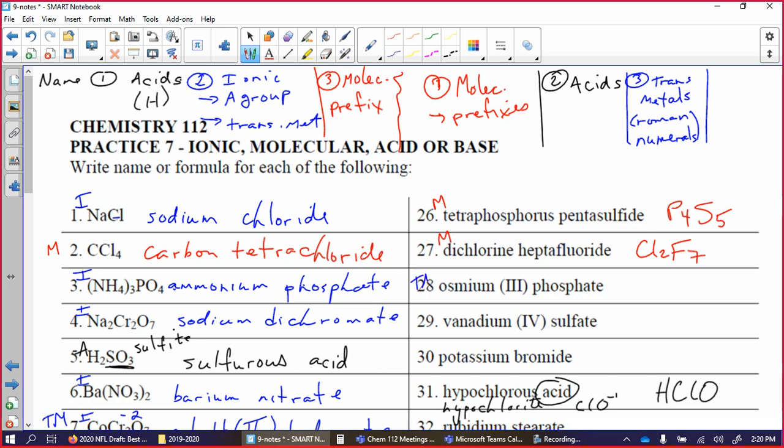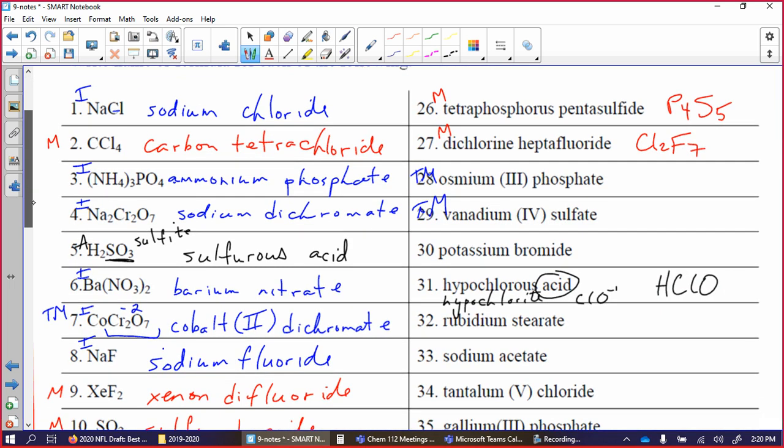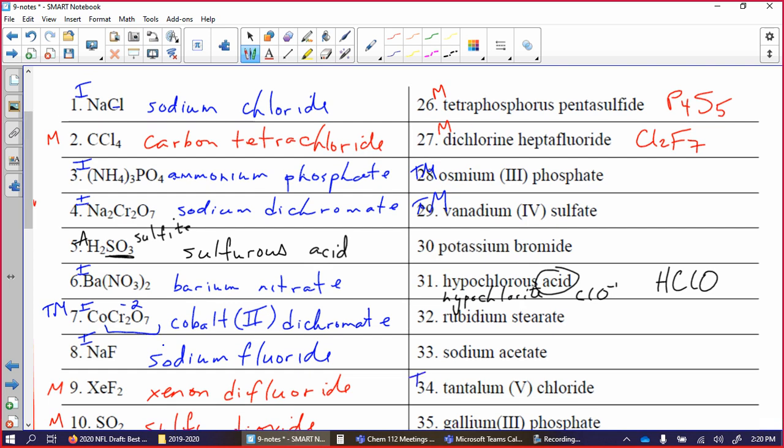So this is going to be a transition metal. Transition metal. So those I know. Osmium is +3. Phosphate is not -1. Osmium is Os. Phosphate is PO4. Vanadium is +4 in this case.